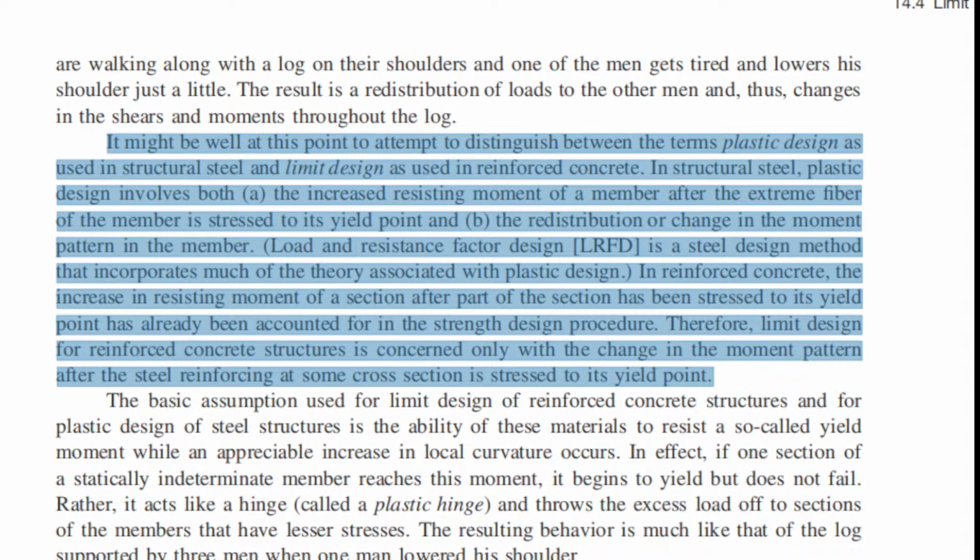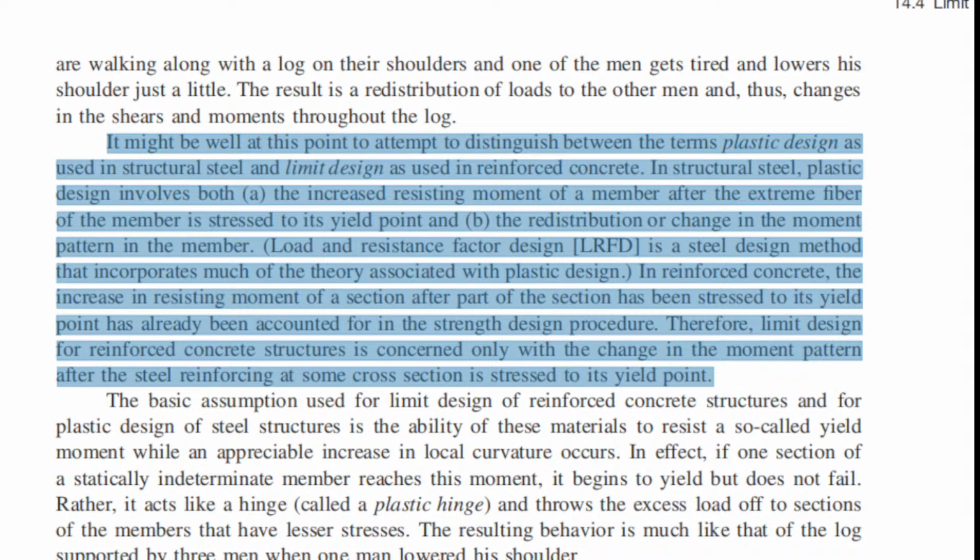But in reinforced concrete, there is no more increase in resisting moment because it has already been accounted for previously in the strength design procedure.